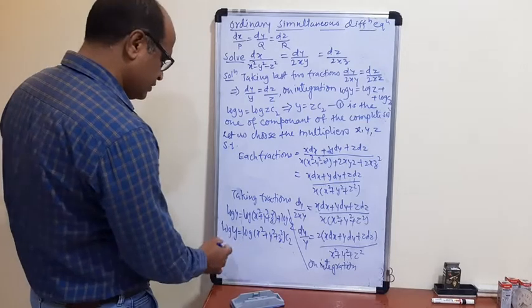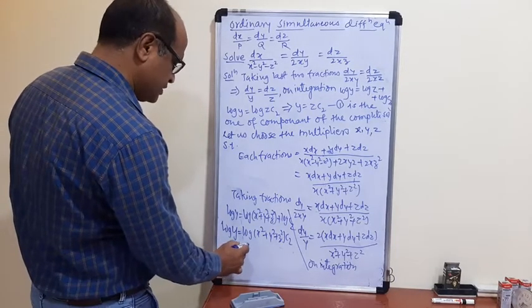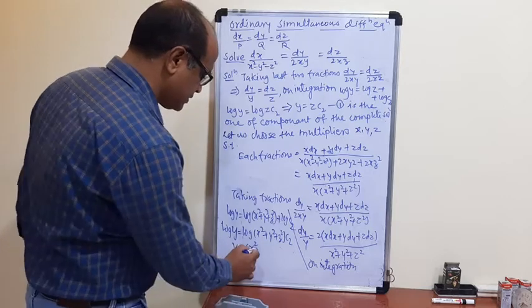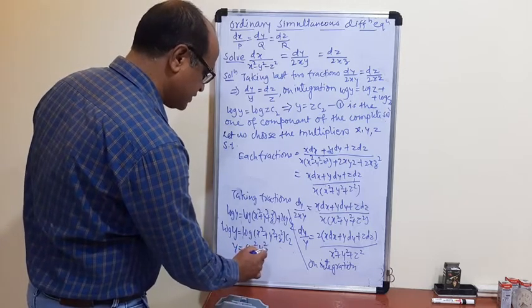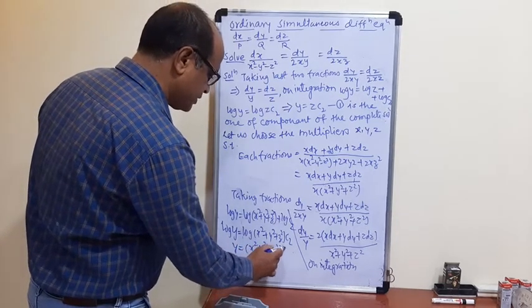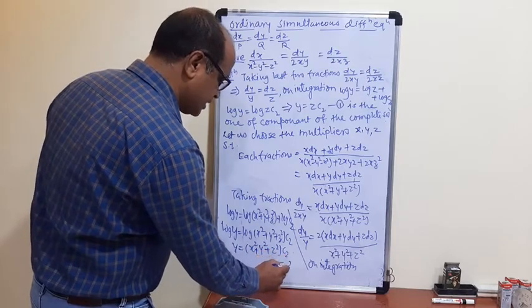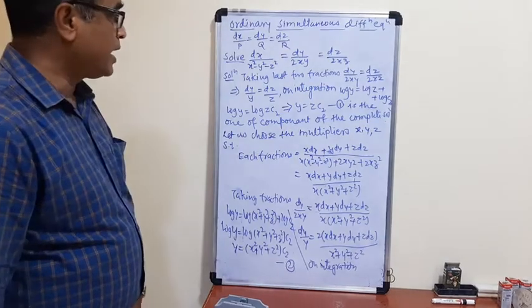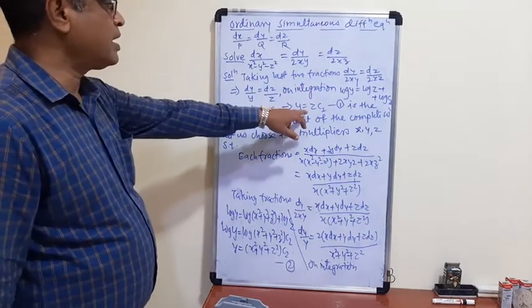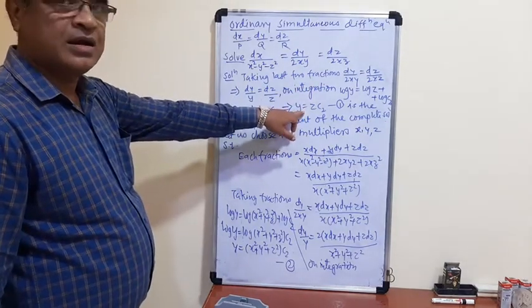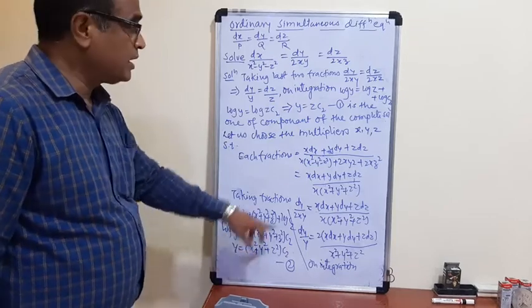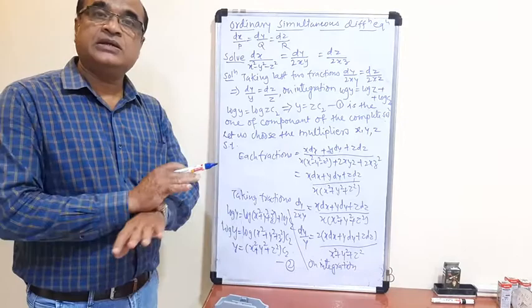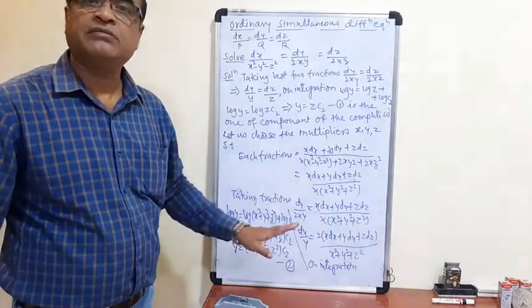Then y is equal to x square plus y square plus z square into C2. So this is another component of the complete solution. This is solution 1, this is solution 2. These two solutions taken together are the complete solution.